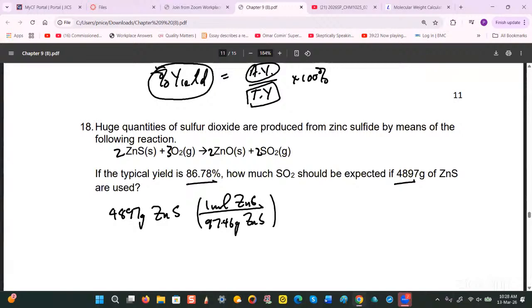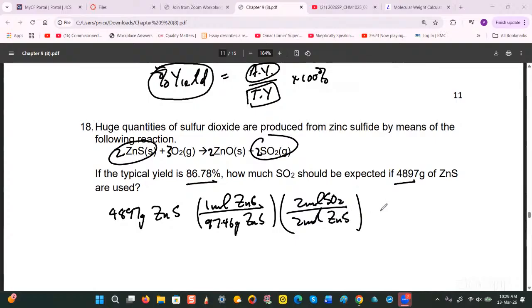So the next step would be the mole ratio between the SO2 and the zinc sulfide. So the next conversion factor would be 2 moles of SO2 and 2 moles of zinc sulfide.